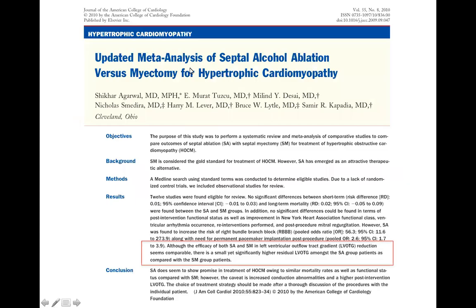And this is the meta-analysis of septal alcohol ablation versus myectomy, and they found the efficacy of both in relieving left ventricular outflow tract obstruction is almost comparable, with a slightly significantly higher residual LVOT gradient among septal ablation patients.